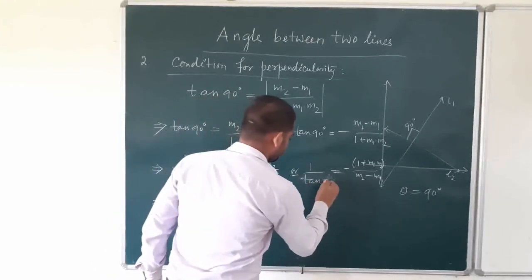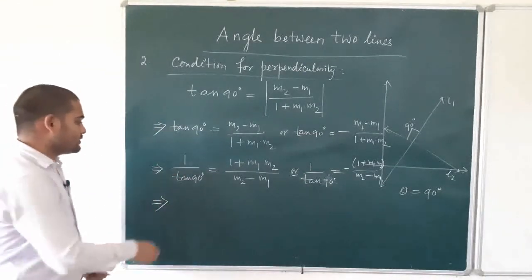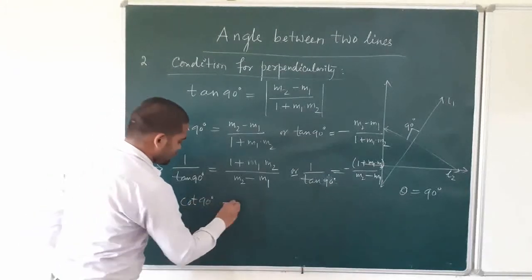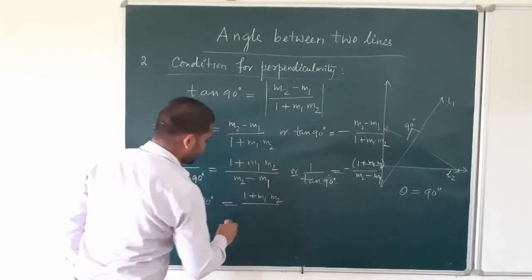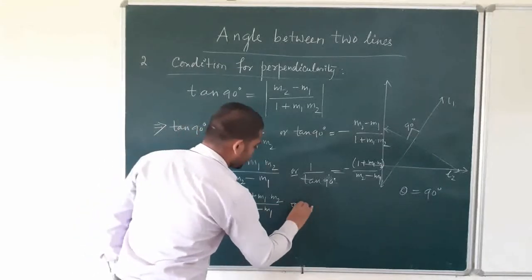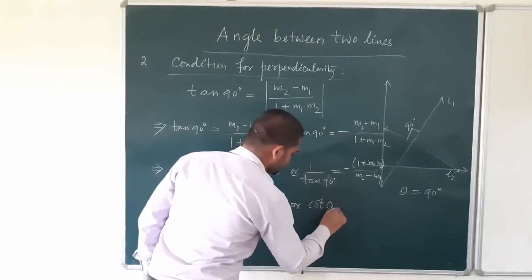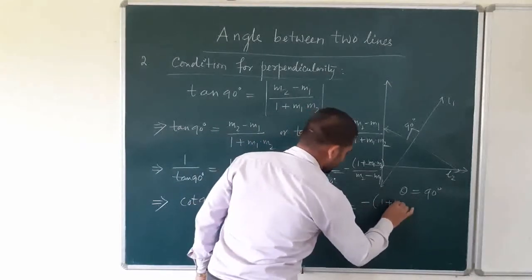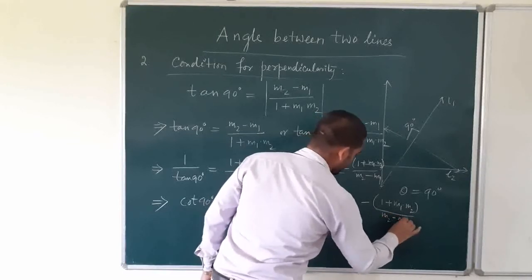Then this is cot 90 degree is equal to 1 plus m1 into m2 by m2 minus m1, or on this side, cot 90 degree is equal to minus of 1 plus m1 into m2 by m2 minus m1.